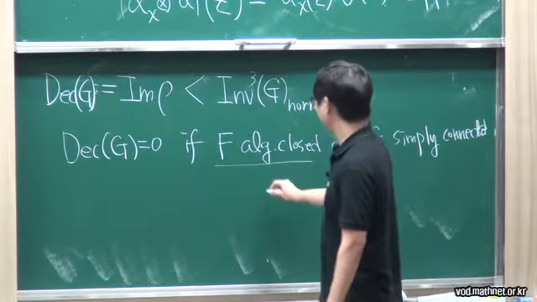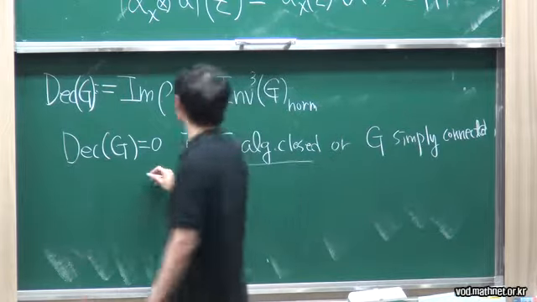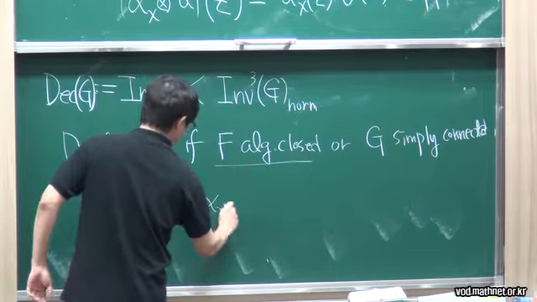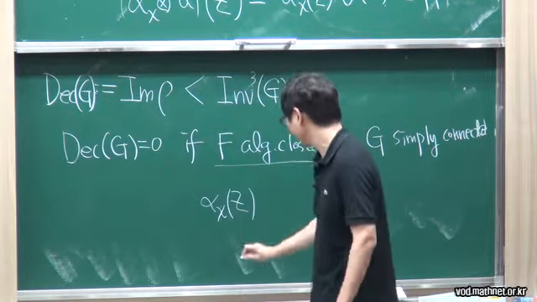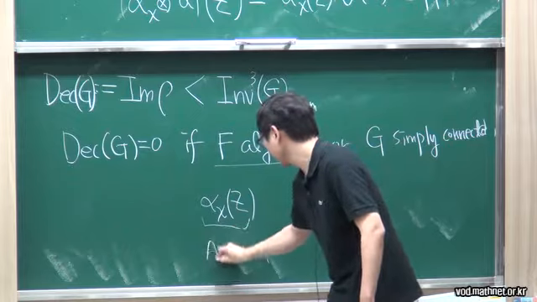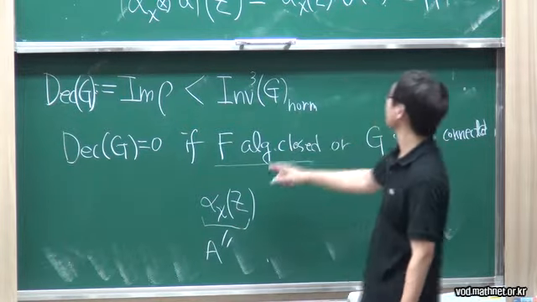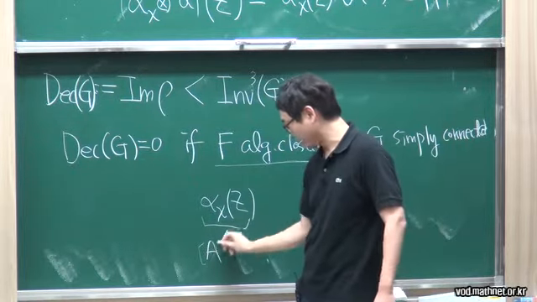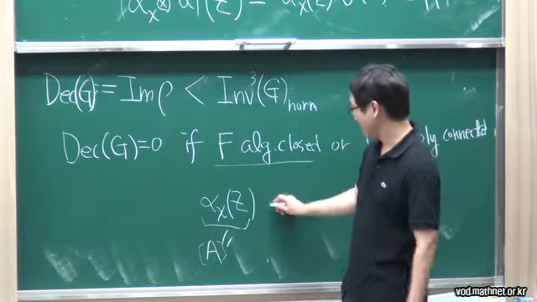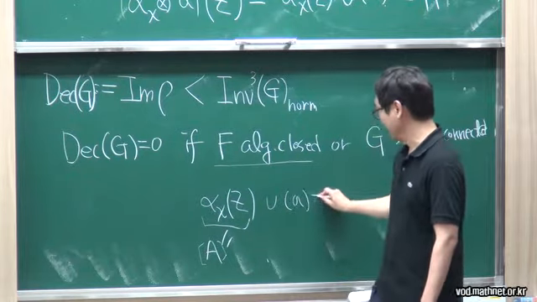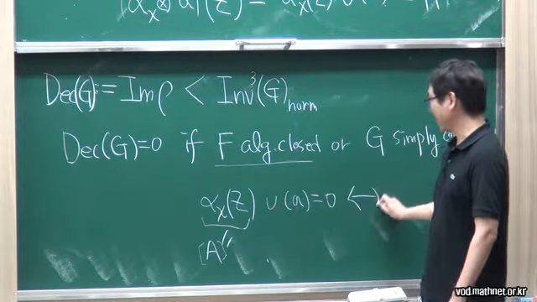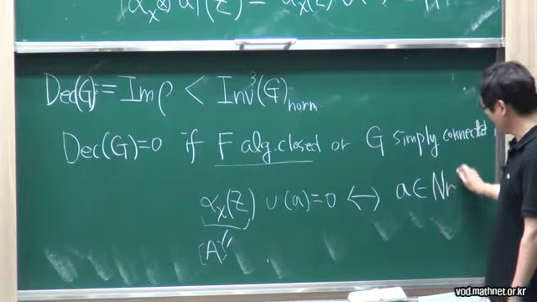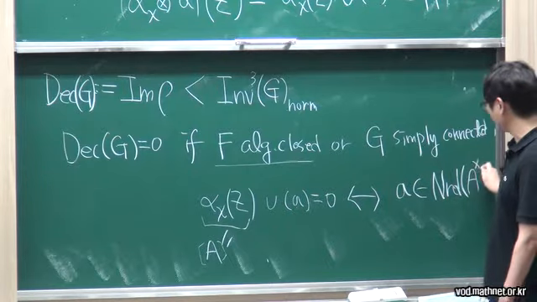this decomposable group is trivial because let's say this image to be A, because this is in Brauer group, so this can be represented by some simple algebra, and coproduct of A is 0 if and only if A is in norm reduce of this algebra.